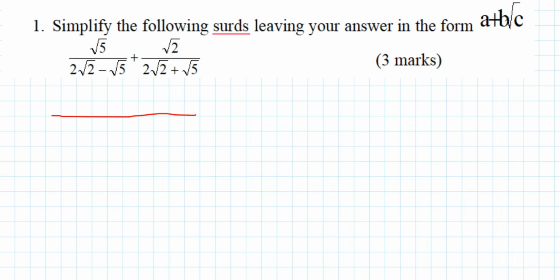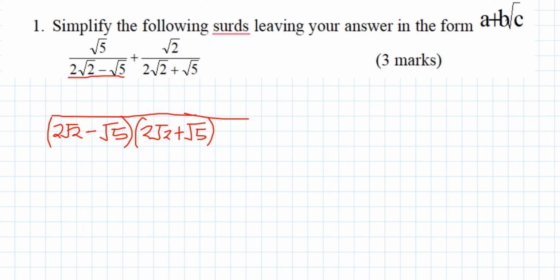And the product of this denominator is going to be 2 root 2, and then we take away root 5. And then you multiply that with, again, 2 root 2, and then you add that to root 5. And now for the numerator, we are just going to get the product of the two denominators, divided by the denominator, for example, for the first part with the first denominator.